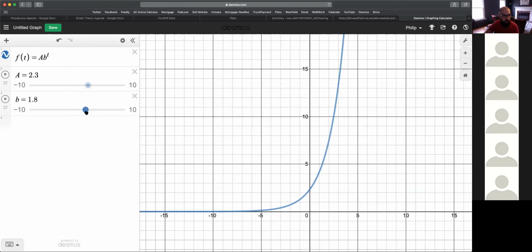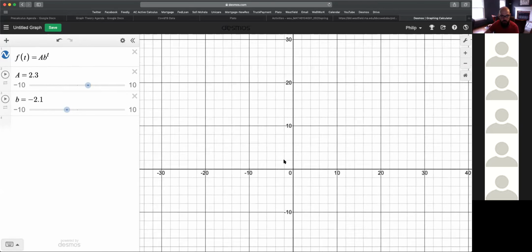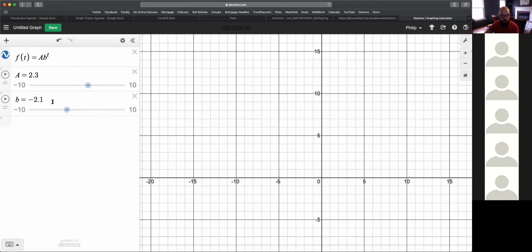Now, if b is negative, watch what happens when b is negative: our function sort of goes away. It ends up being undefined. And the reason for that is when we take negative numbers, if we have fractions in here, like 1/2 or 1/4, we saw with our exponent rules that 1/2 would be the same as taking the square root.